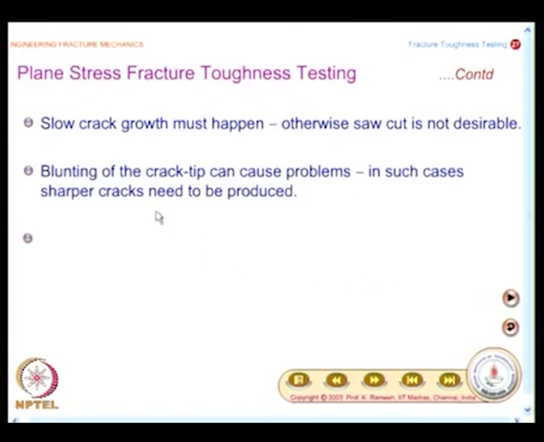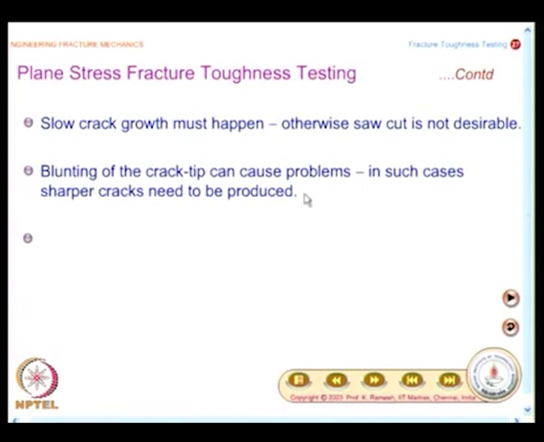So, one of the problems is blunting of the crack tip. If you have a slot which is wide enough, because of plastic deformation, and you know in the case of a plane stress situation you will have a larger plastic zone, the crack tip may get blunt.